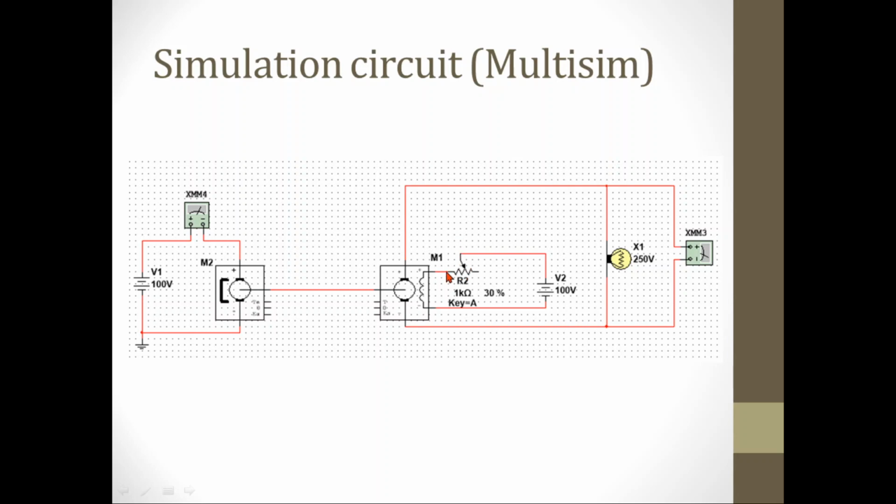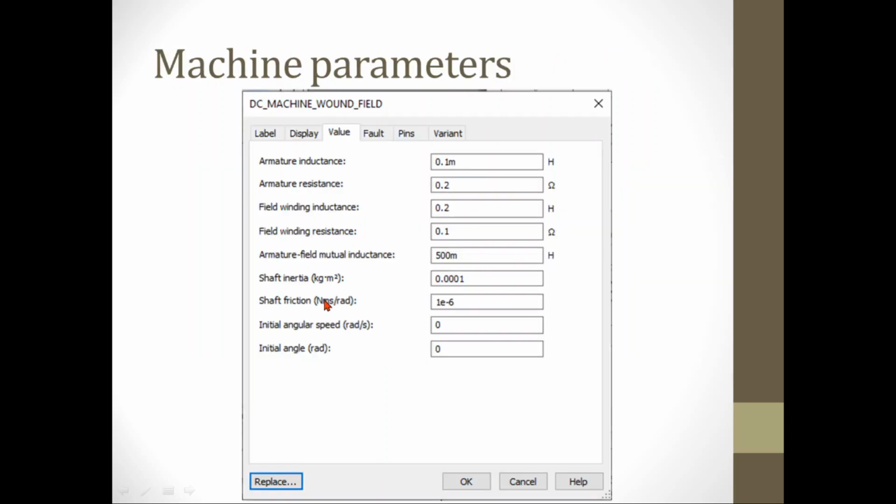For us to have the same results, kindly follow the positioning of the field resistance R2 and set it to 30%. The field voltage is set also to 100. Then the machine parameters for the DC generator would be this one. Let's check that later during the simulation process.